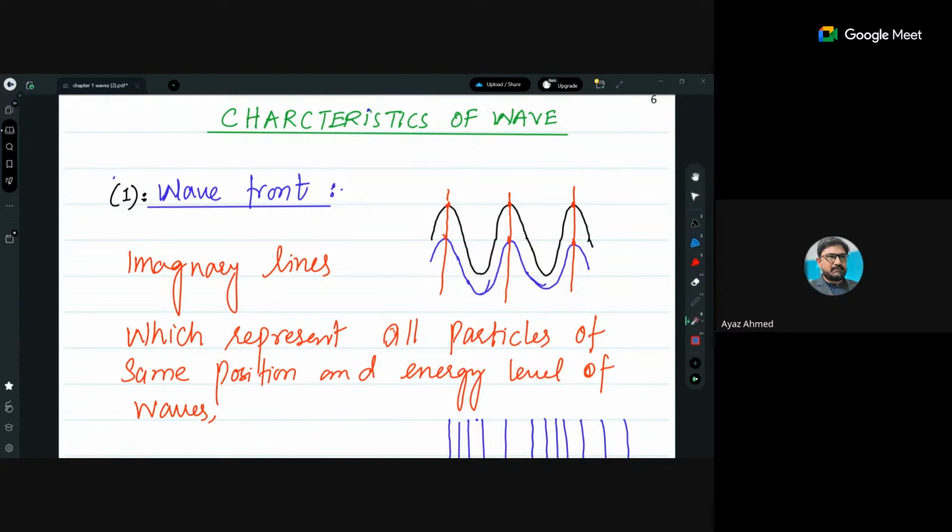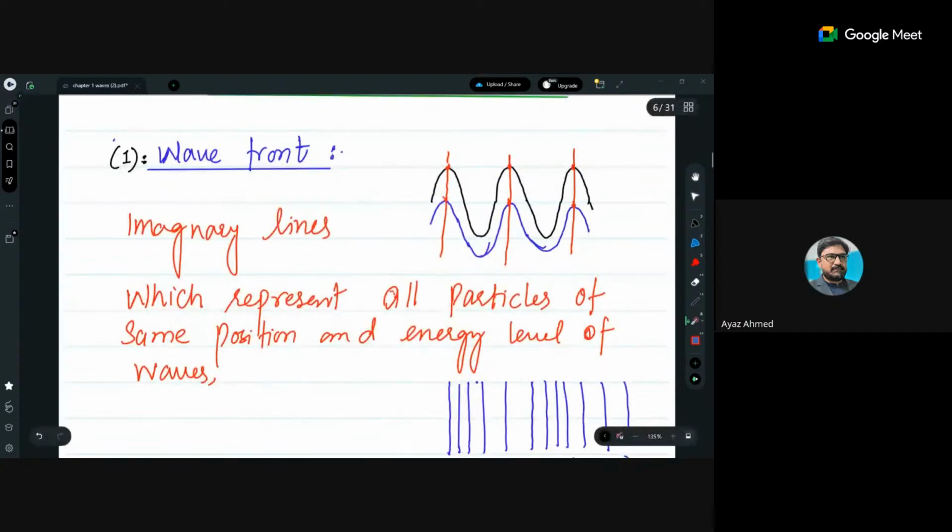Okay, so the wavefront is the first representation of your wave. For the wavefront, you must have some background knowledge of a few different topics, of which one is the phase and the second is position. But I will simply say that these are imaginary lines which join all the particles which are at the same position and at the same energy level of the wave.